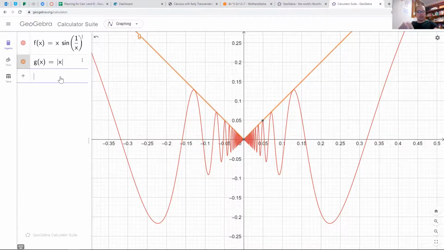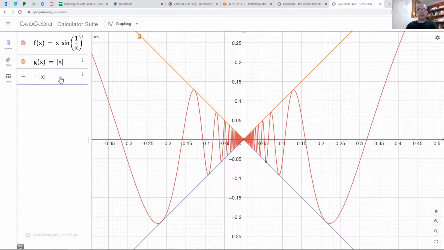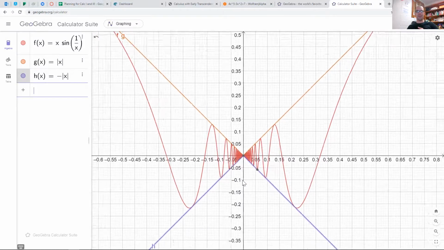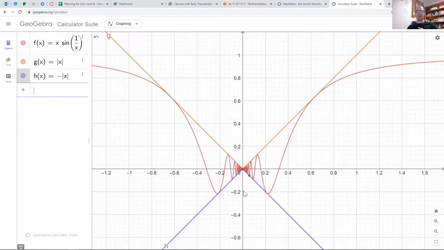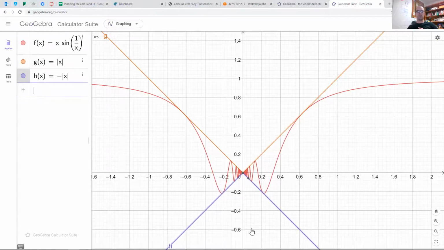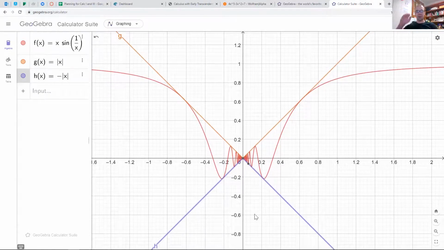And on the flip side, if we take the opposite of that, then we get this lower boundary where we're never going to get lower than negative absolute value of x. And even if we zoom out, we can see that that always holds because sine always oscillates between 1 and -1.